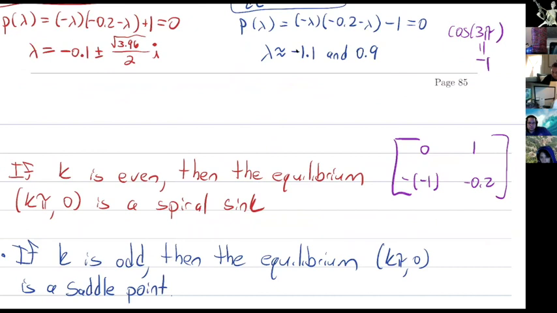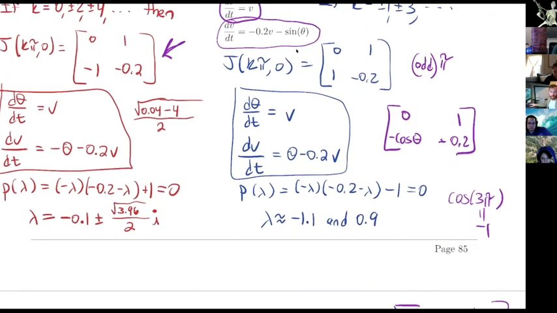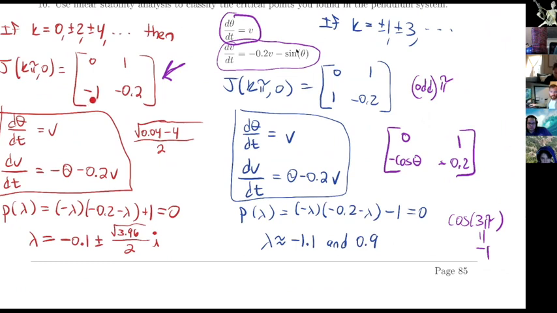So in the case of k being odd, your matrix looks like this, and that gives you 1 positive and 1 negative eigenvalue, as opposed to when k is even, you have a negative 1 over here, and that gives you imaginary eigenvalues that have this negative real part, and that's why that was a spiral sink. Here's the even one over here.